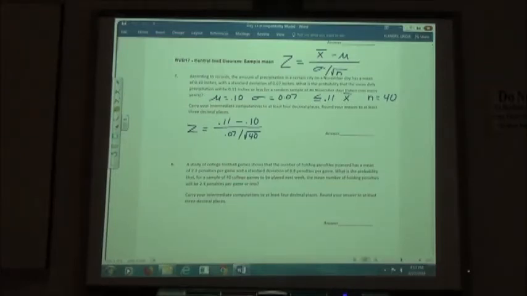So we're going to just start and find that 0.11 minus 0.10, highlight that, and do divided by 0.07 divided by the square root of 40.